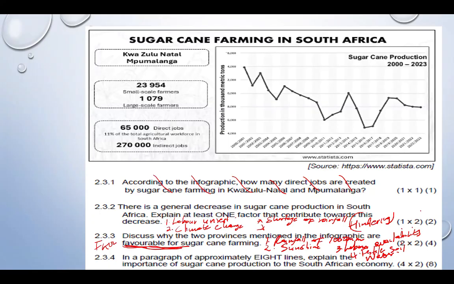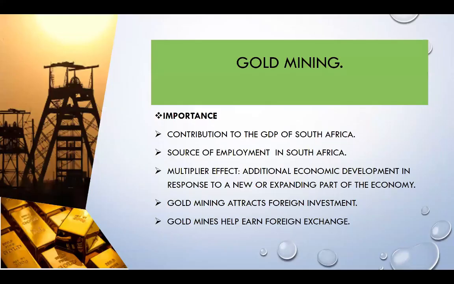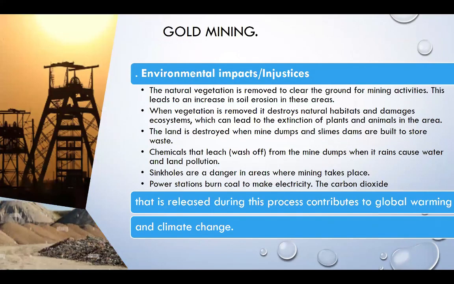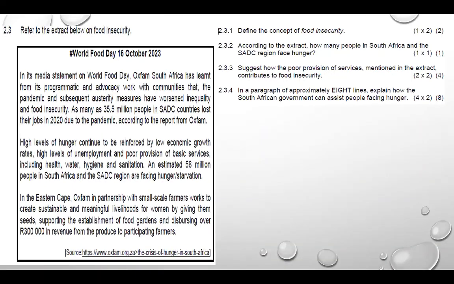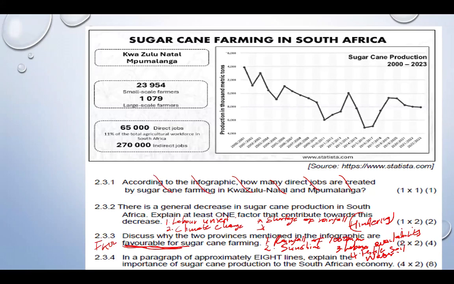Now, another question is, in a paragraph of approximately 8 lines, explain the importance of sugarcane production to the South African economy. So, what is the importance of sugarcane farming in the South African economy? Number one, does it create jobs?